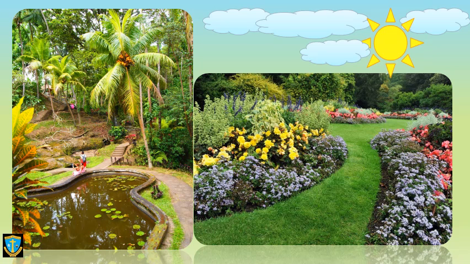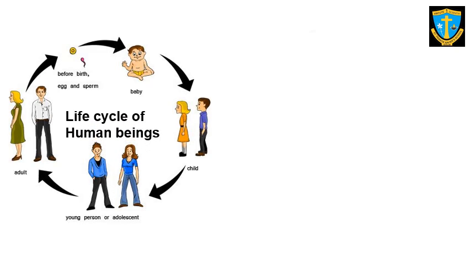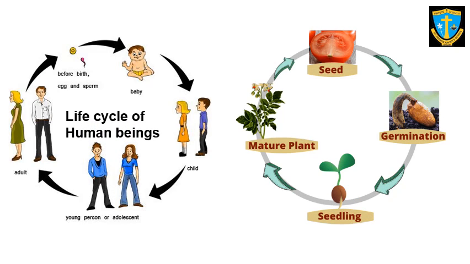We have seen this beautiful site already in part 1, correct? Now let's learn more about parts of the plant. We see the life cycle in case of all living things, be it animals, human beings, us, plants, birds.